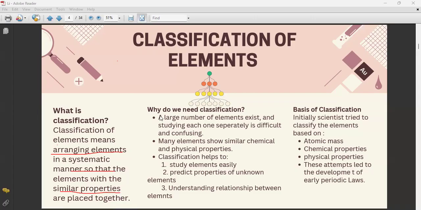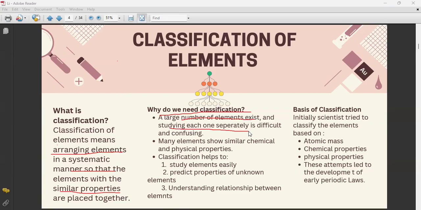Then why do we need classification? Why does someone need to classify these elements into certain groups? A large number of elements exist. We know there are a great many elements in our surroundings and the universe, and studying each one separately is quite difficult and confusing.